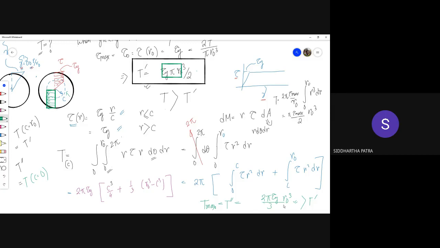Okay. So you see, when the torque is half of tau y pi r0 cube, the plastic deformation has not started in the section. And by the time it has reached from half to 2/3, the entire shaft has become plastic, and the entire cross section cannot bear any further torque, just going from half to two-third.